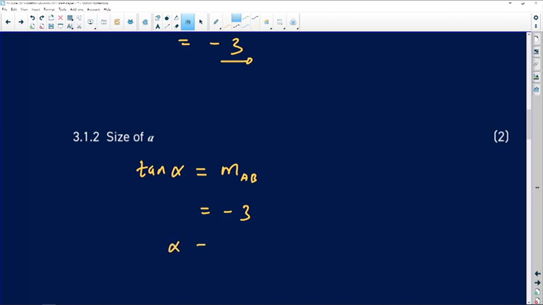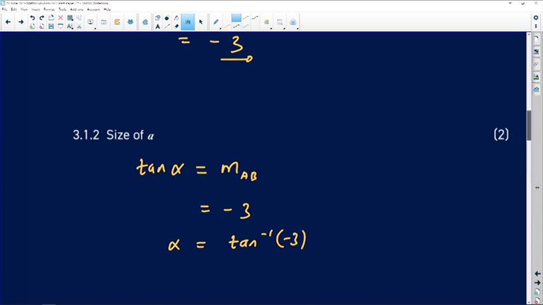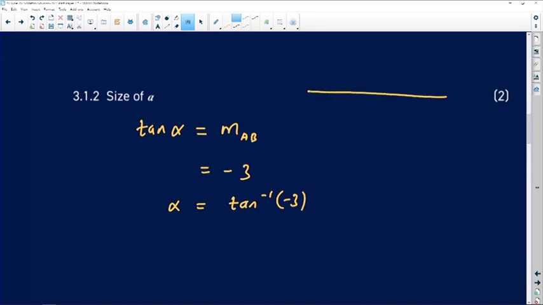So alpha is going to be arctan of -3. But because it comes out negative, it implies you'll be finding the clockwise version of that angle. We don't want that. We want the one on the other side. So if alpha is sitting here, the relationship between arctan(-3) and alpha is that they add up to 180.